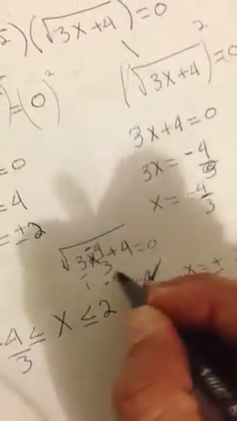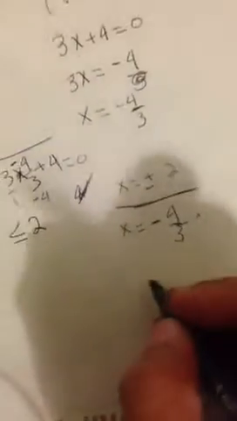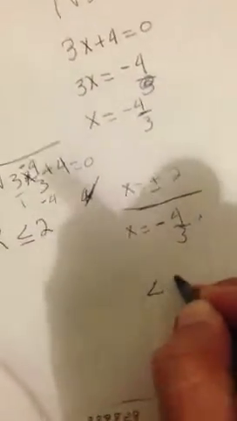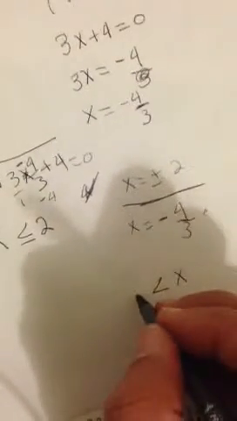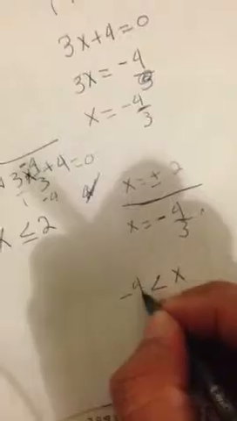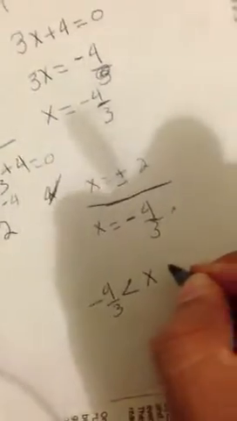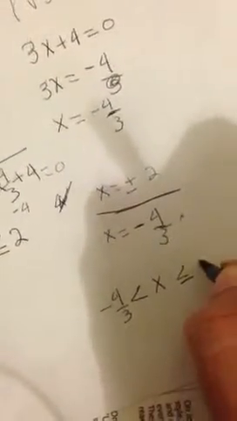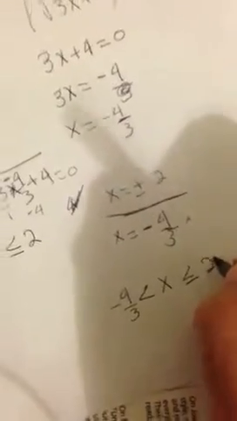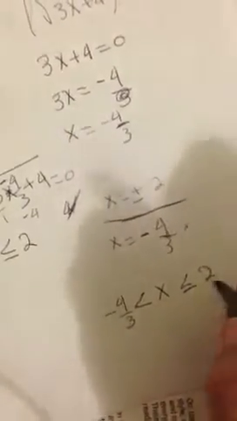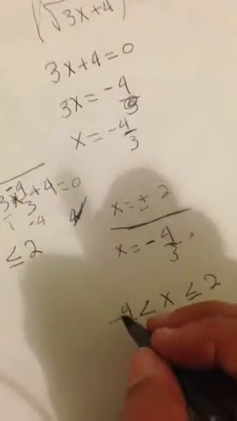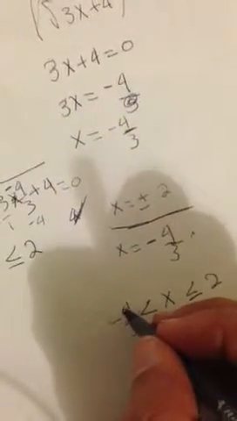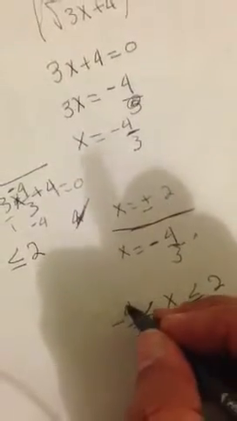It cannot be like that. It has to be bigger than this. So the domain for this is going to be x cannot equal negative 4 over 3, but it could be any other number bigger than that, and this one would be the same too: less than 2 or bigger than negative 4 over 3.